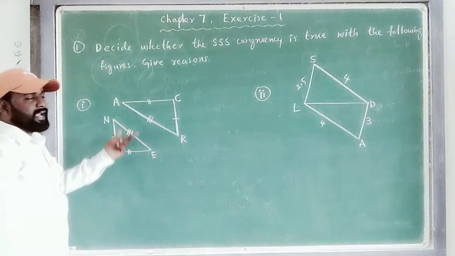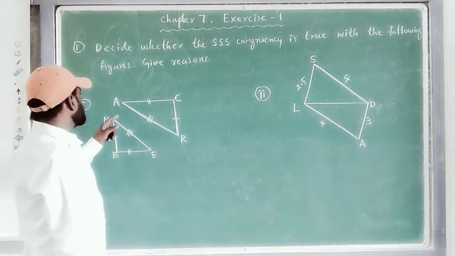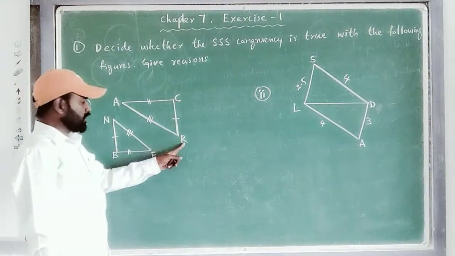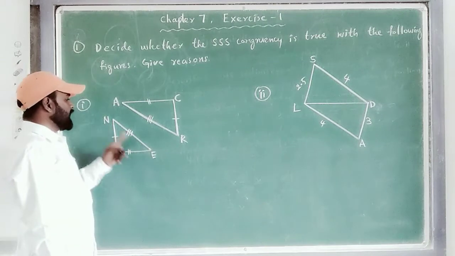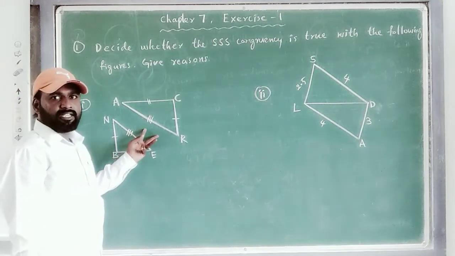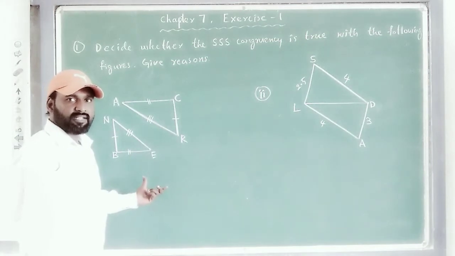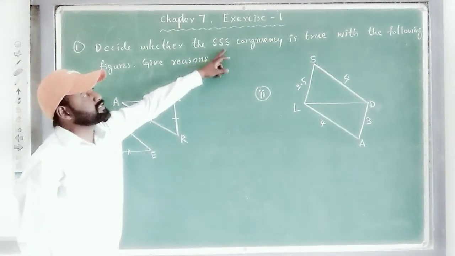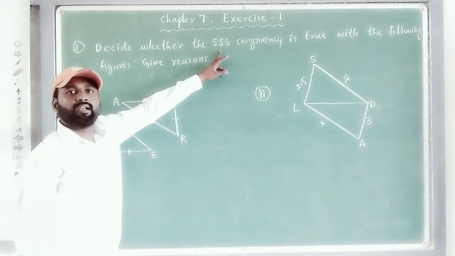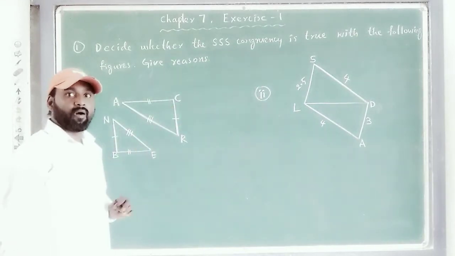Let us see the triangles which are given here. Two triangles, ACR and BNE. These two triangles we have to compare the corresponding sides. If the corresponding sides are all equal, then the SSS congruency rule says that these two triangles are congruent.